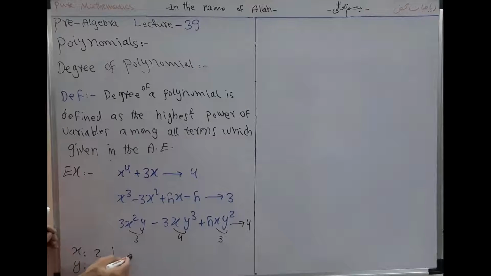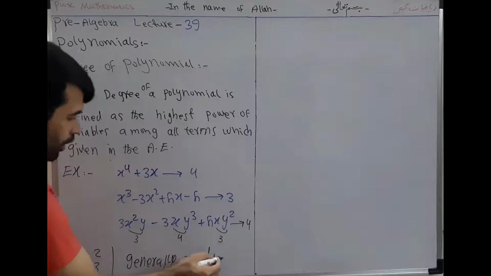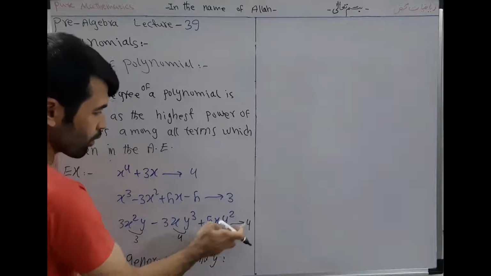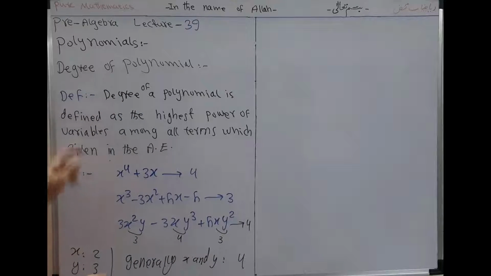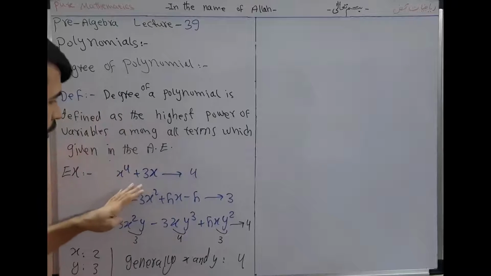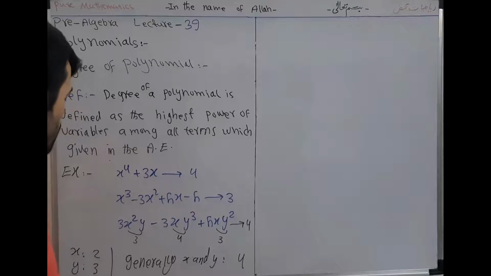And generally in x and y, both x and y, it has degree 4. It is the definition of degree of a polynomial, and it is the example of degree of a polynomial.